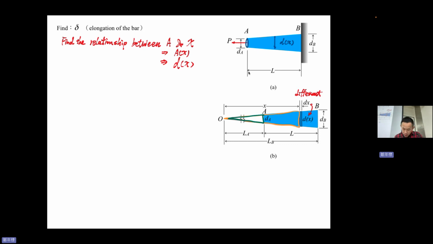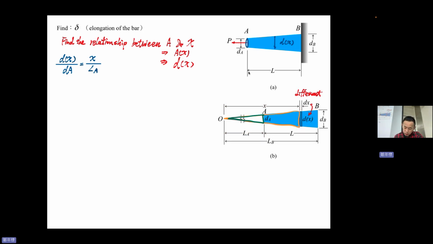slope. Okay, so the intersection of that slope, d of x to the A, will be the x to LA. Okay, you see, x and LA, the ratio between them will be this one to that one, right?